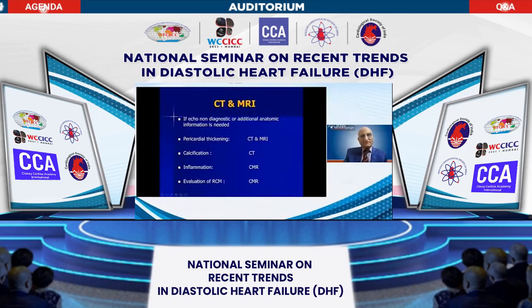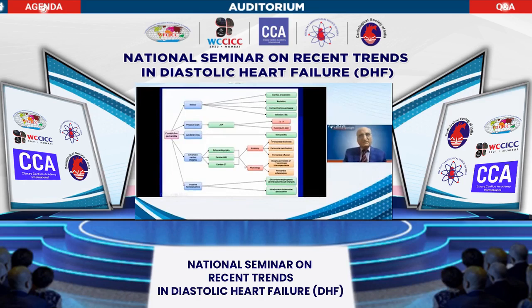So the role of CT and MRI is always important whenever echo is non-diagnostic. If you want to see the pericardial thickness, CT and MRI are the best. If you want to see the calcification, CT is the best. If you want to see the inflammation and for the evaluation of restrictive cardiomyopathy, CMR is much better, so that they are all complementary to each other.